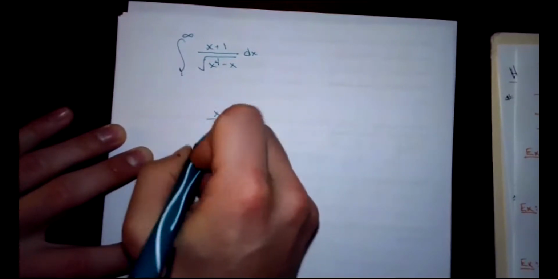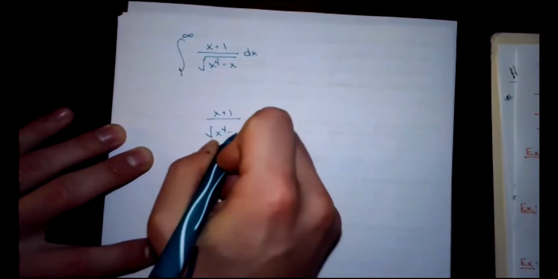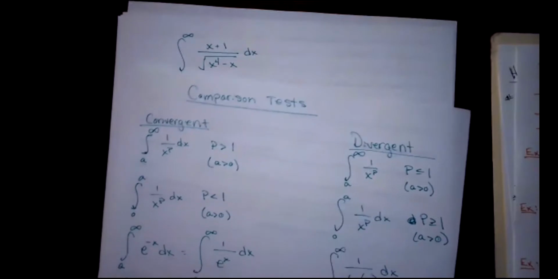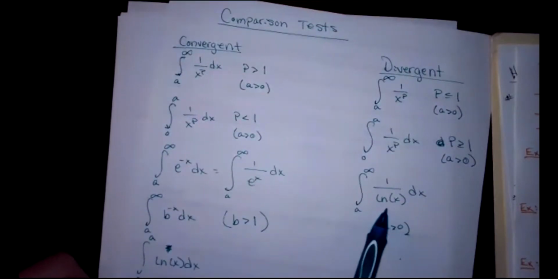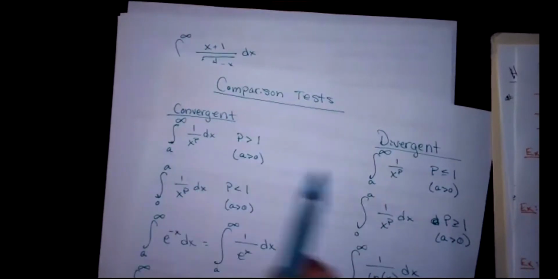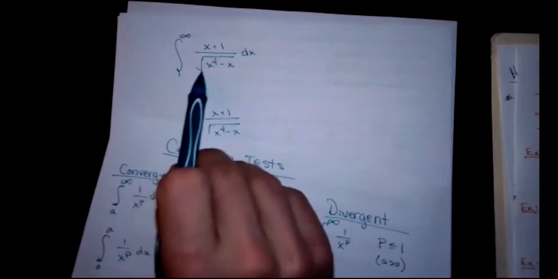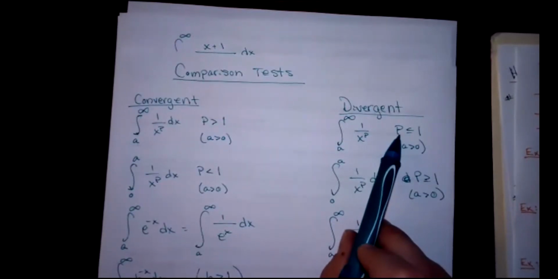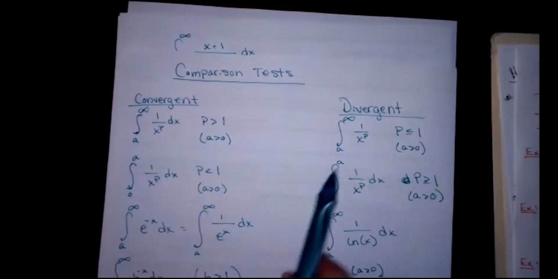We don't have to mind the integral when we're doing these comparisons, though maybe it's good to note the bounds. We are integrating from 1 to infinity. So if you pull up your sheet, we'll likely be wanting to use one of these types of tests. There's no exponentials, so I don't have to use any of these. And so we're likely going to be using something like this. The difference is we have a square root here. And remember, in these tests, the p's can be fractions, so these will still hold.